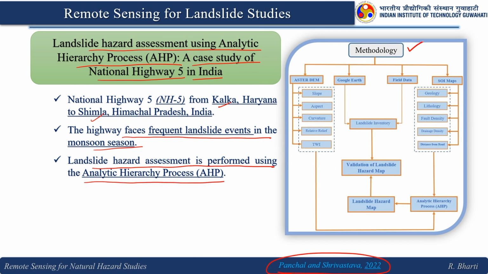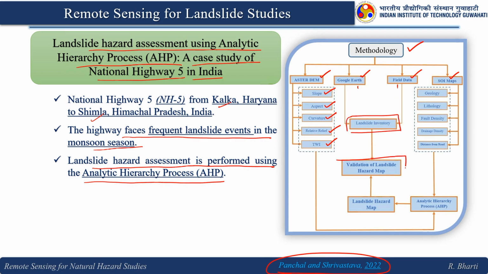So, you can see the methodology. They have used the Aster DEM, Google Earth Maps, field information, and soil map. And the Aster DEM can provide you the slope, aspect, curvature, relative relief, and TWI. Whereas this Google Earth and field data together, they are used for the landslide inventory.